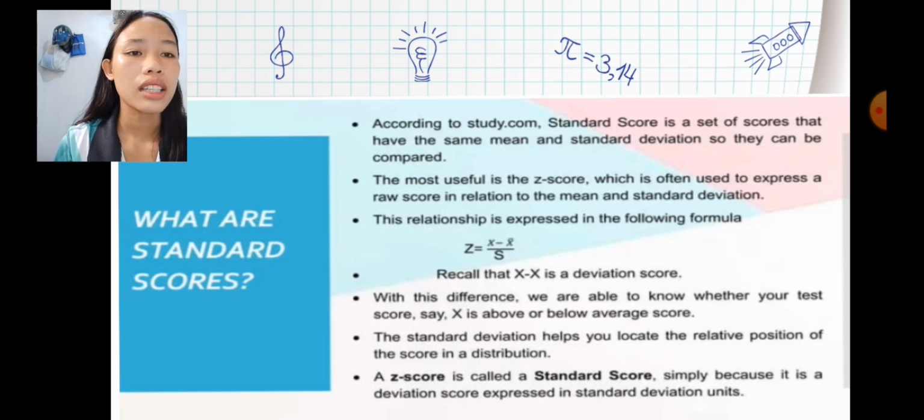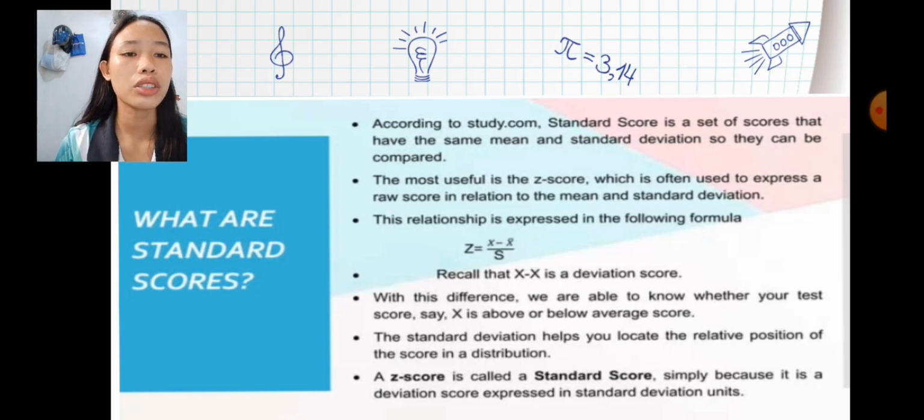Recall that x minus x-bar is a deviation score. With this difference, you are able to know whether your test score, say x, is above or below the average score.